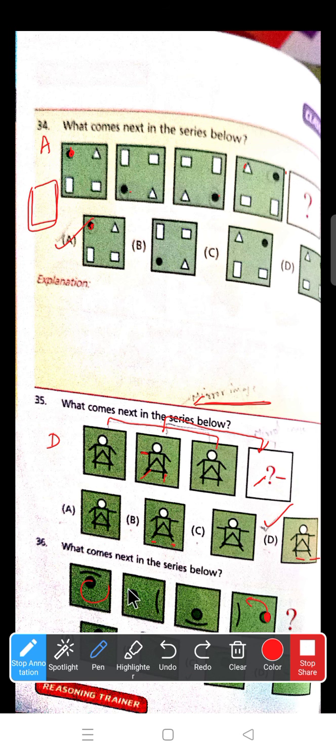When you observe this arc semicircle also, it is moving in a cyclic order, so it should come in this position. But in the reverse option, it should come in this way, because one is normal, one is reverse. So this semicircle should be normal. So option C is the correct one.